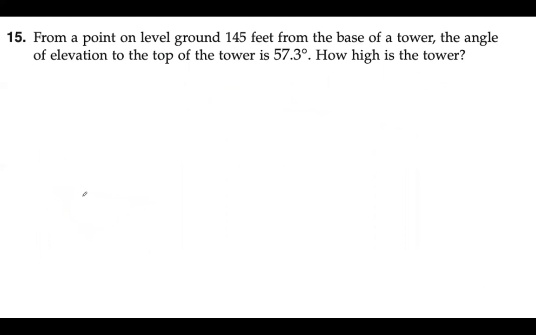Okay, our next example. From a point on level ground, so let's say this is the ground, there is a point on the ground 145 feet from the base of a tower. So this point is 145 feet from the base of a tower. So let's say this is our tower. This distance is 145 feet.